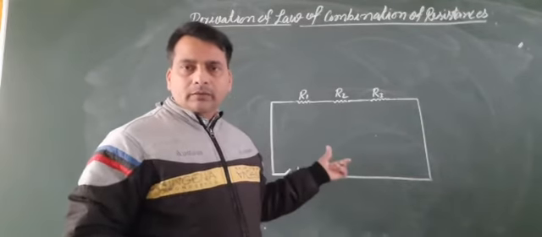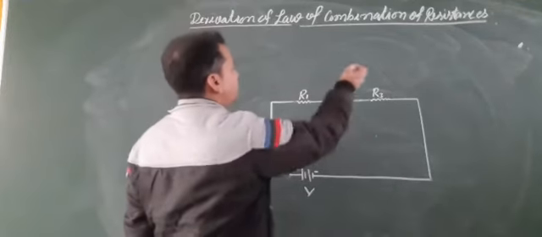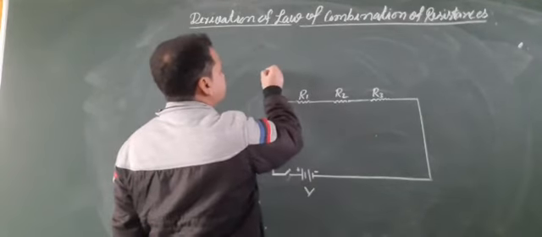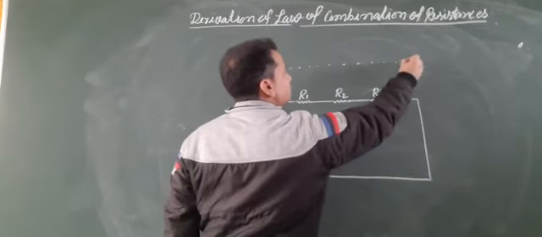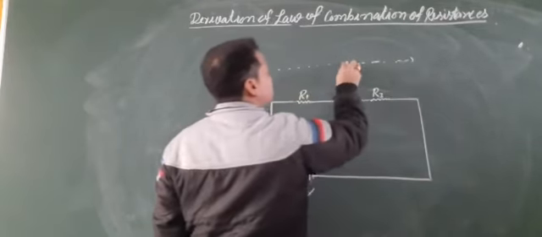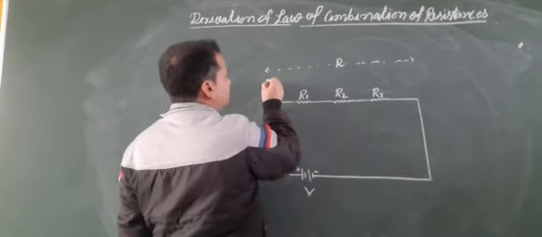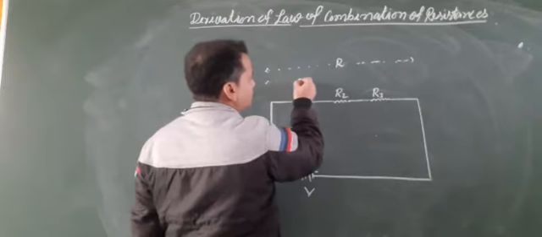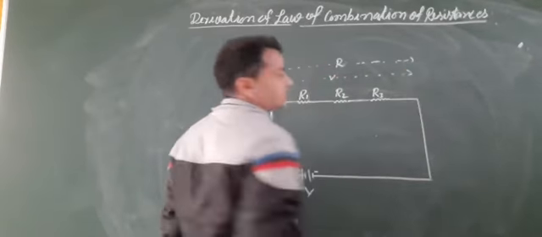The total or equivalent resistance is R, the net potential difference is V.